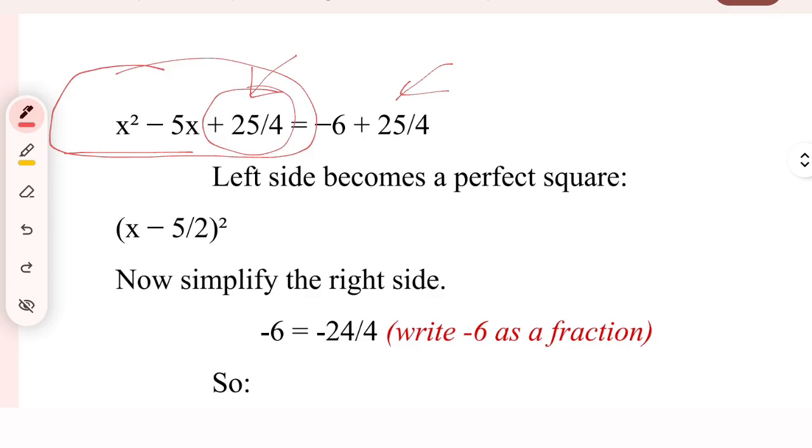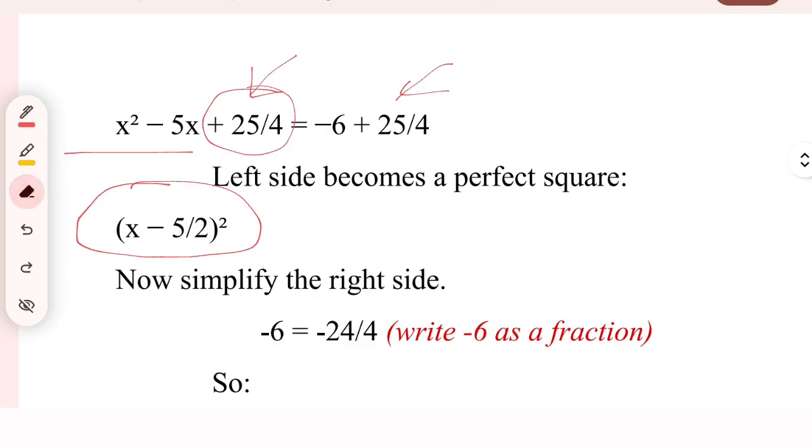What is the factor? It would be this, x minus 5 halves squared. So the left side, all right, when you factor it, the factor is x minus 5 halves squared, because it is a perfect square now.